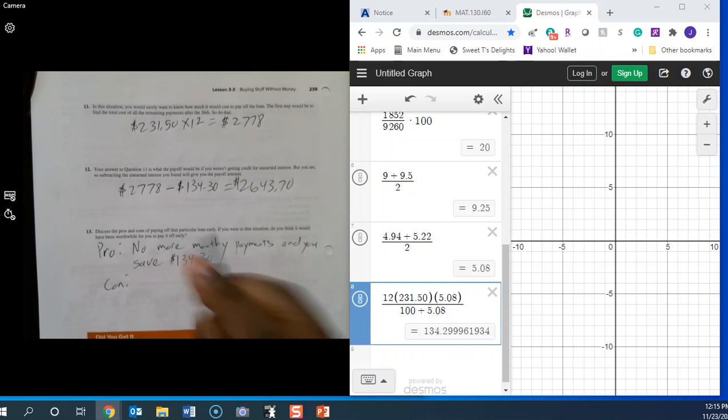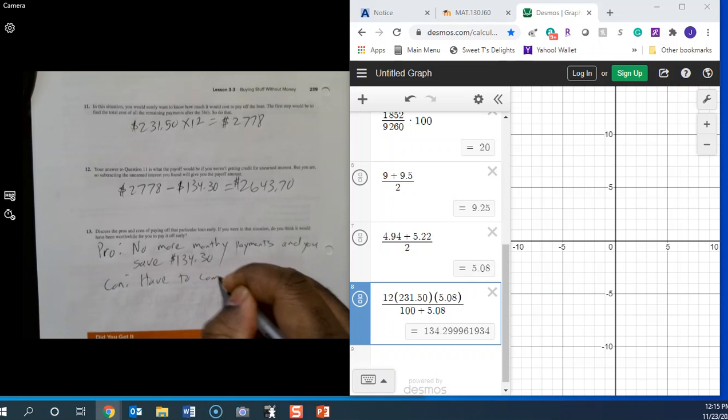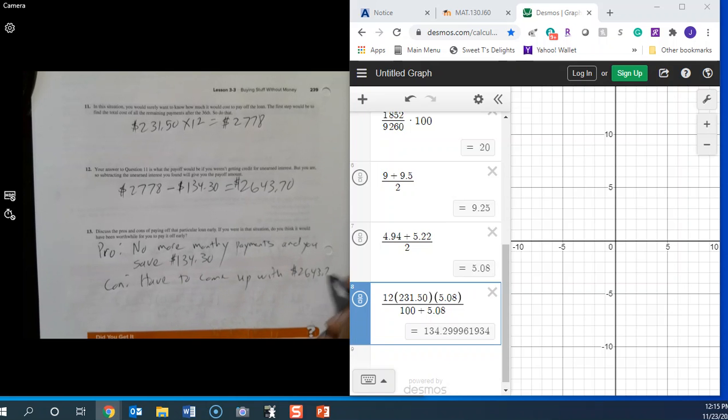The con, you have to come up with $2,643.70 at one time. So those are the pros, a pro and a con.